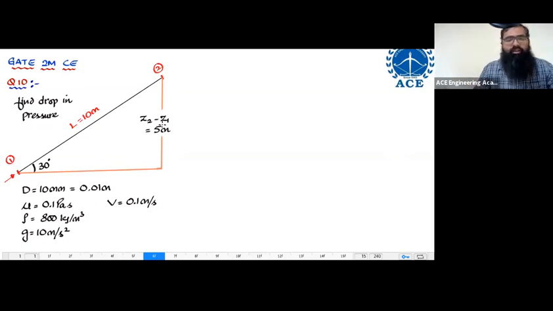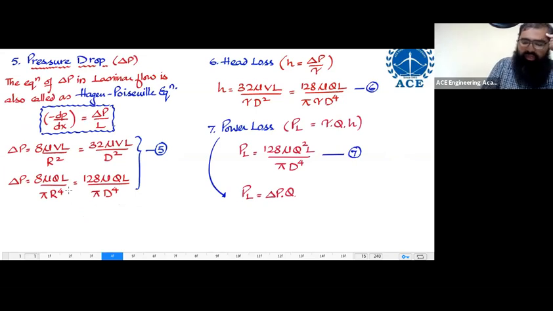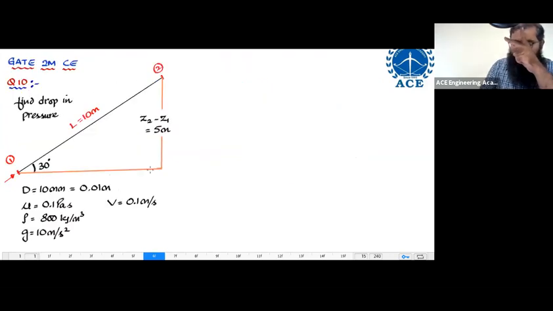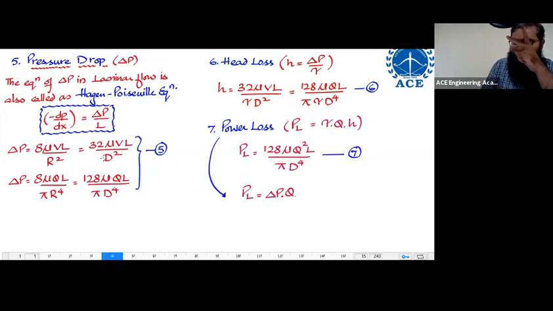Now you might think, okay, drop in pressure, we have a formula for it: delta P is equal to 32 mu VL by D square. If you're thinking that straight away you're going to use this formula, you have made two mistakes.